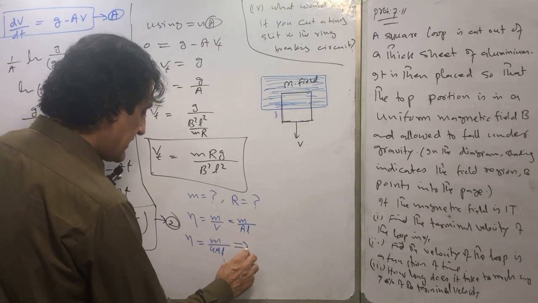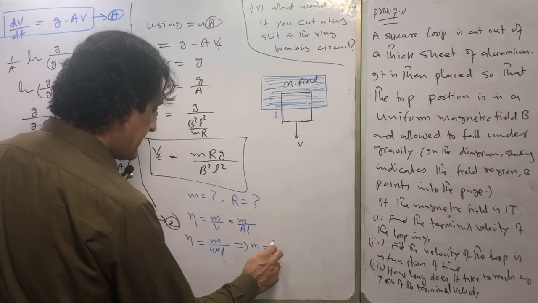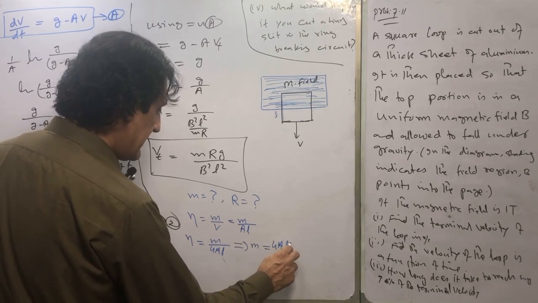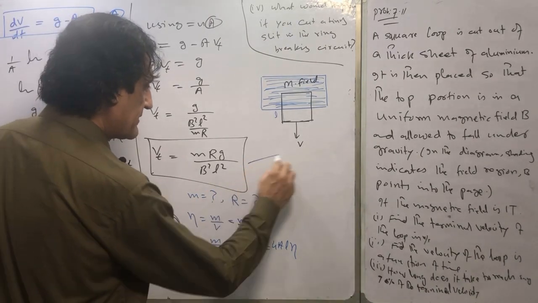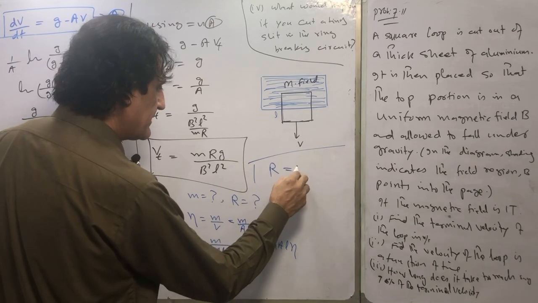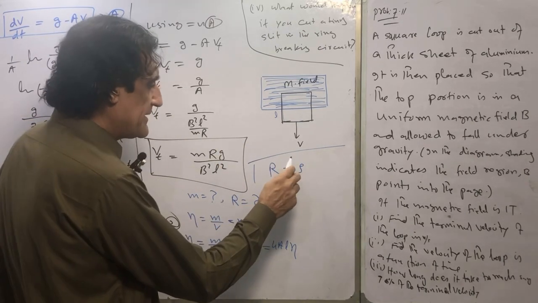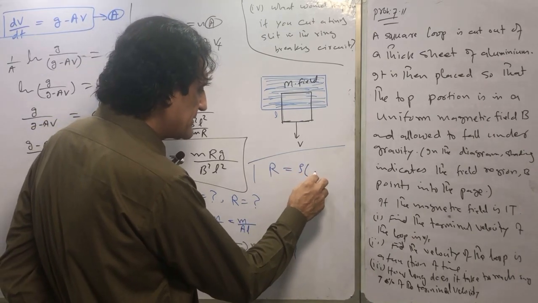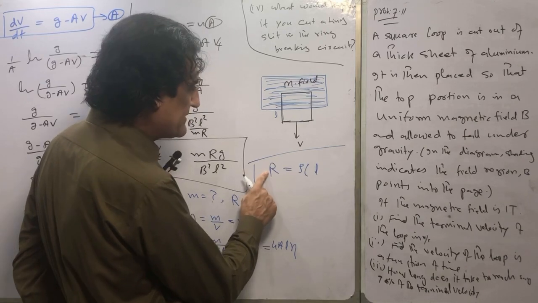And if we find the m, then m will be equal to 4al and eta. Eta is the density. And we can also find out the resistance R. R, this is the resistivity, and the length is directly related to the resistance.